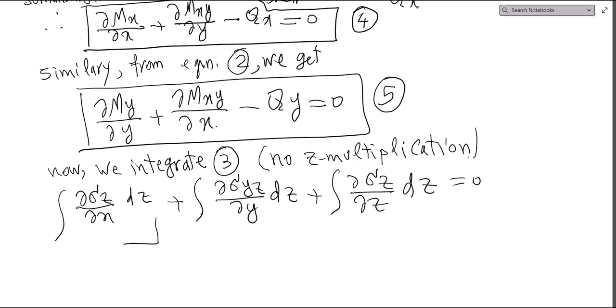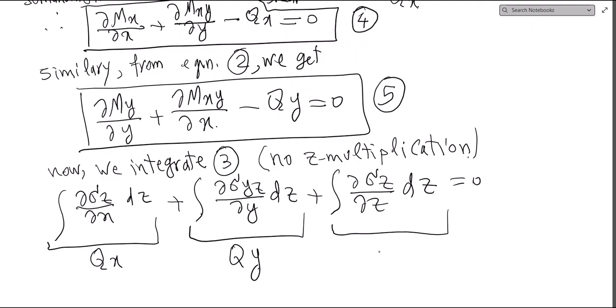But what is this? This is actually qx. This is qy. And this is something that we can calculate by parts.